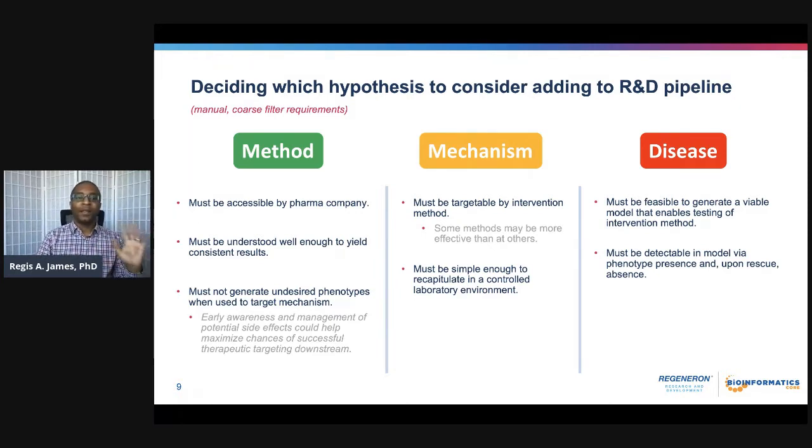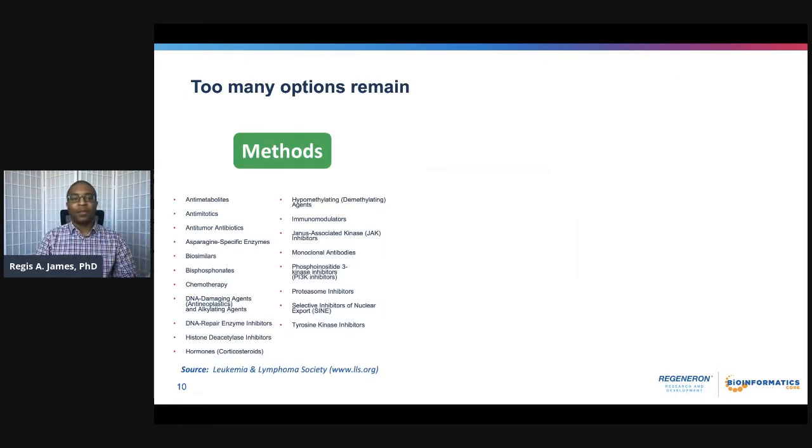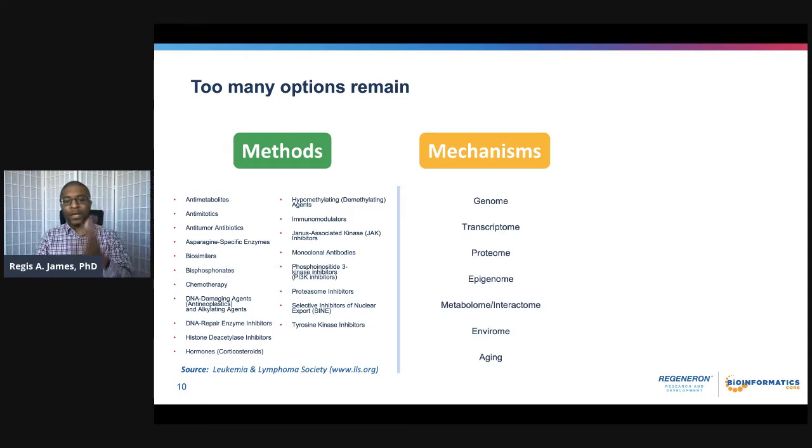But even after you apply this manual filtration, this coarse filtration, there still remain too many options. In terms of methods, there are a variety of ways that mechanisms can be addressed. In terms of mechanisms, there are a variety of ways that molecular abnormalities can manifest themselves in the form of macroscopic phenotypes: genomic aberrations, transcriptomic, proteomic, envirome, the list goes on and on.